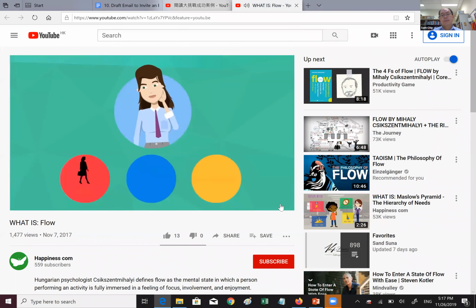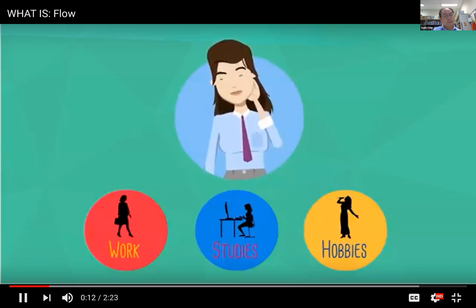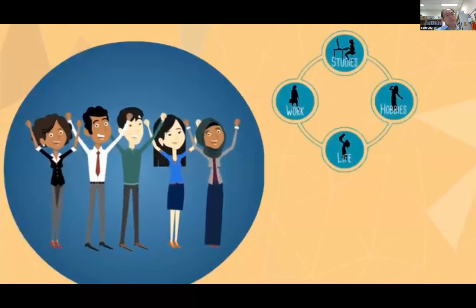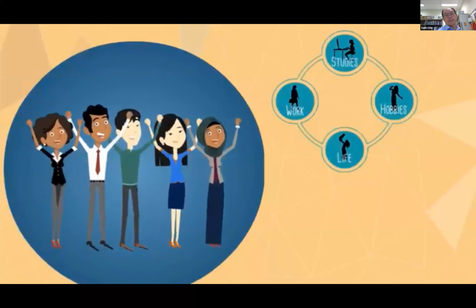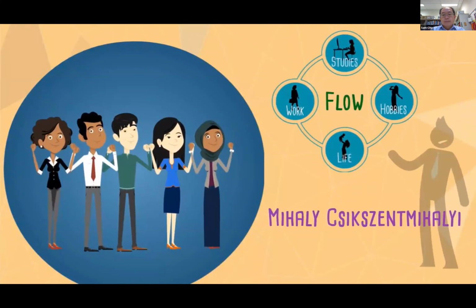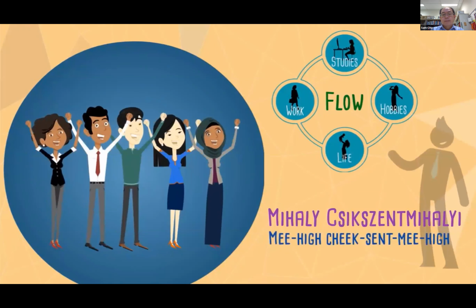True happiness and satisfaction in our work, studies, or hobbies, things we all strive for, but only few seem to be able to obtain it. There is a state to be fulfilled and engaged in these activities. That state is called flow, named by Hungarian psychologist Mihaly Csikszentmihalyi.